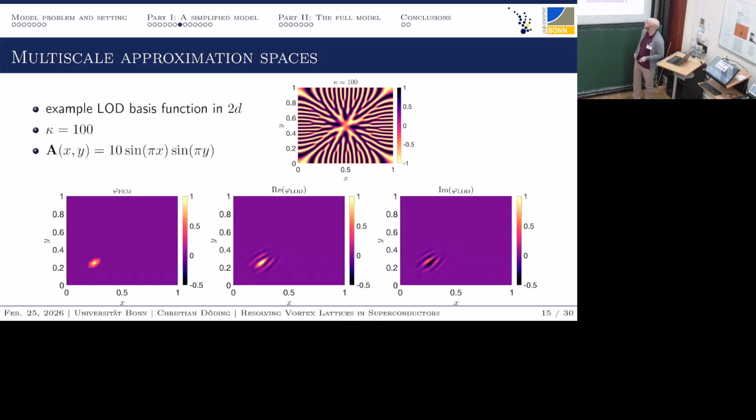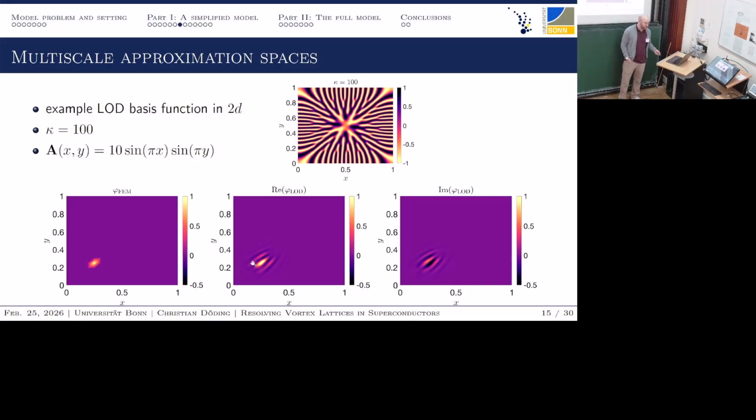So here is how such basis functions look like in this Ginzburg-Landau setting. So again, we have here the real part of some minimizer that I computed. And here on the left, there is our standard hat function that I take to construct the LOD space. And the pictures on the right here are the real part and the imaginary part of this new basis.